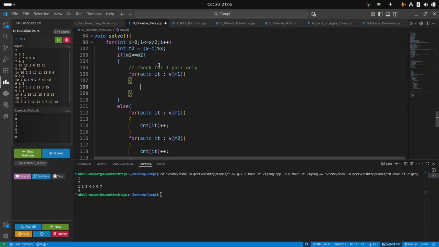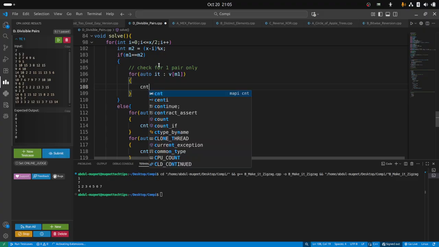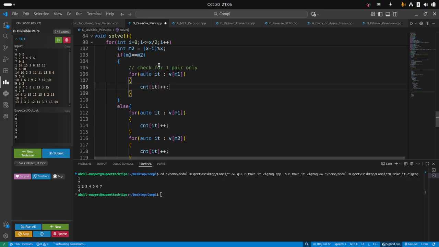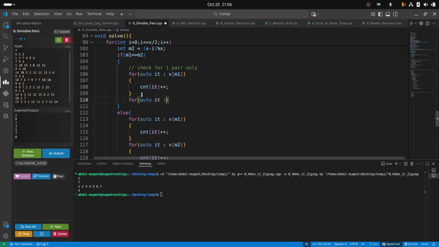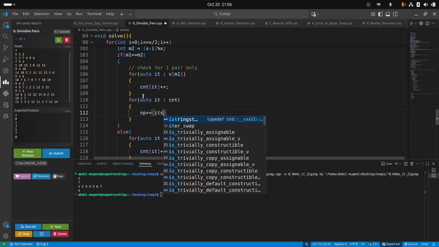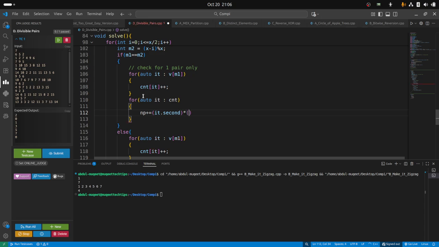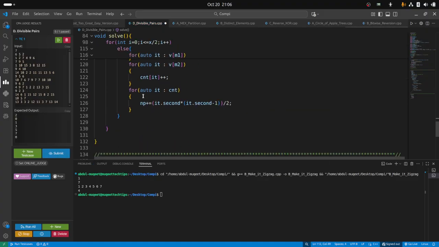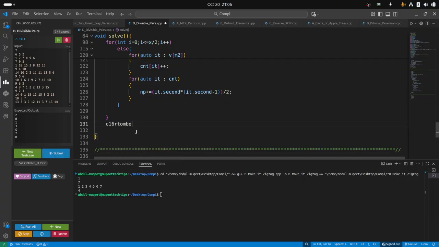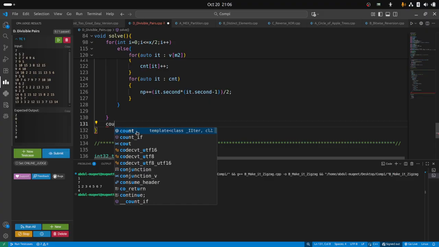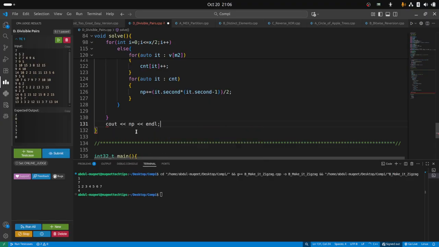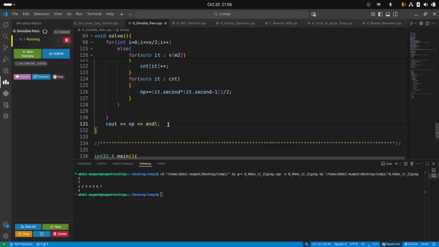M1 equal to M2, I mean I'm referring to the same pair only. Okay, then what I'll be doing is by 2. Okay, let's see. I'm really having a fear that it won't run.